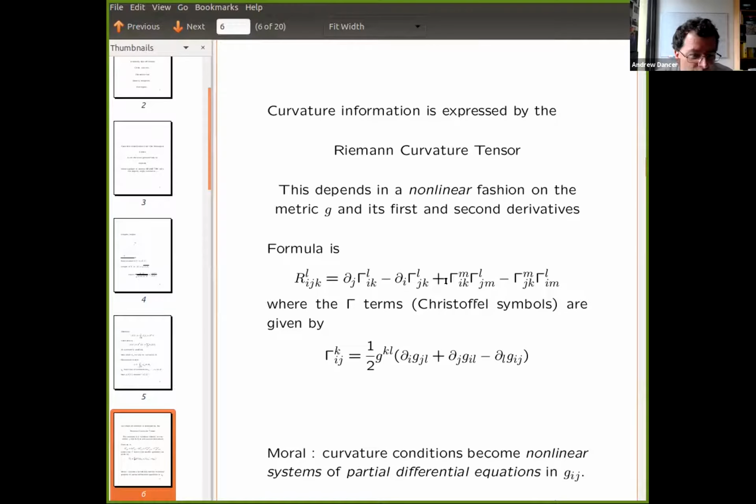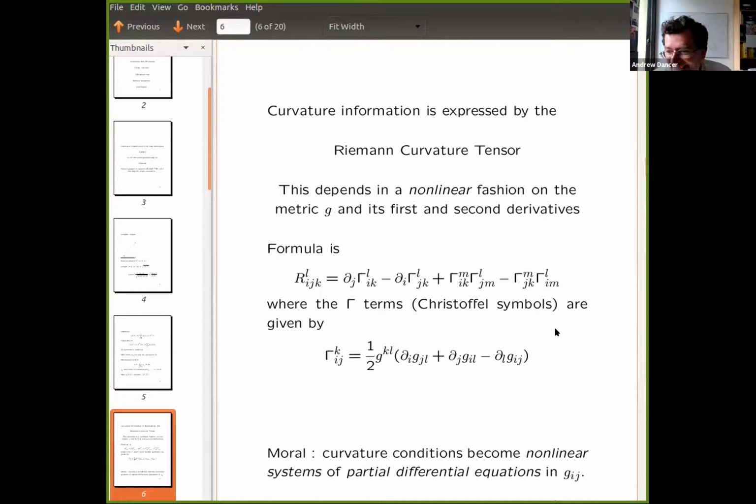But then we have the full curvature tensor, which involves derivatives and quadratic expressions in the Christoffel symbols. So overall, this depends on the metric and its derivatives up to order 2.